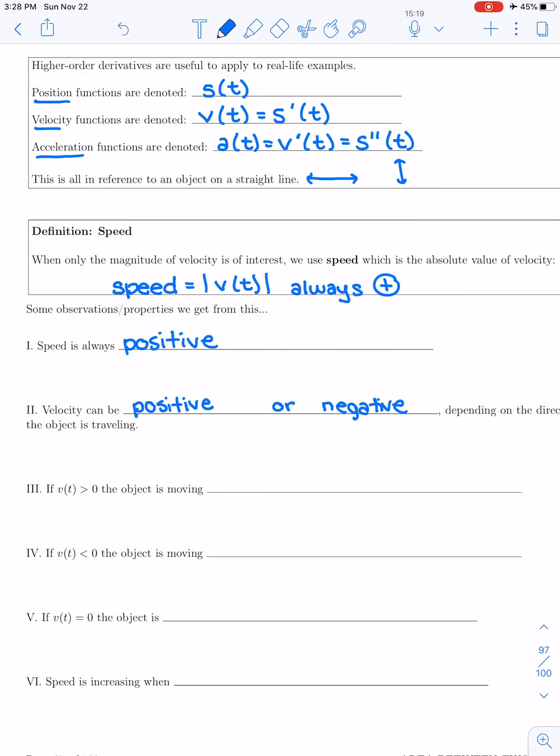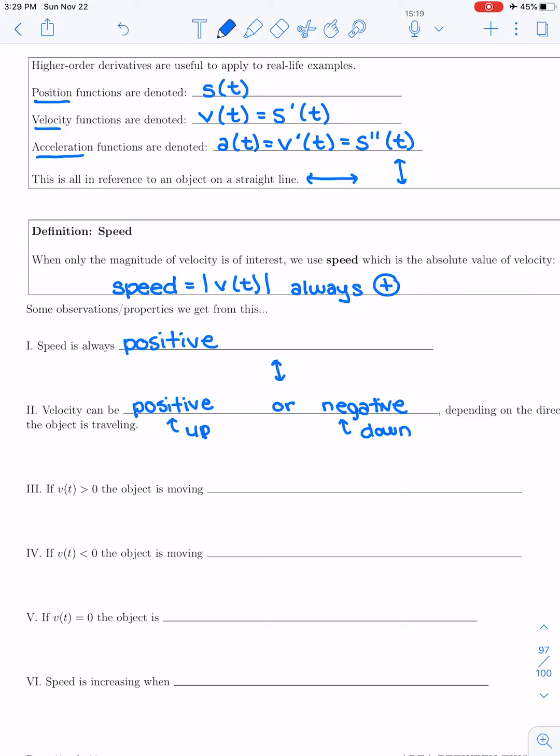So positive direction, if you're talking about a vertical line, would be up. That kind of makes sense to me that if you're on a vertical line, the positive direction would be going up, whereas the negative direction would be going down.